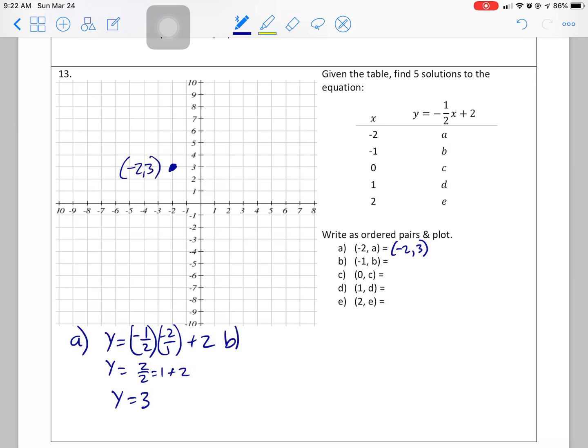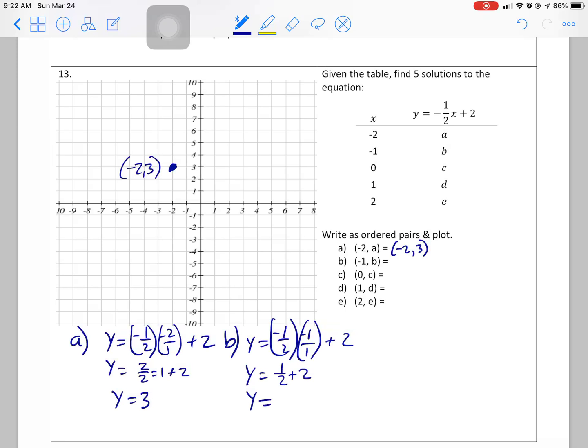Okay. B says put in a negative 1. This is going to be a negative times negative is a positive, a positive 1/2 plus a 2.